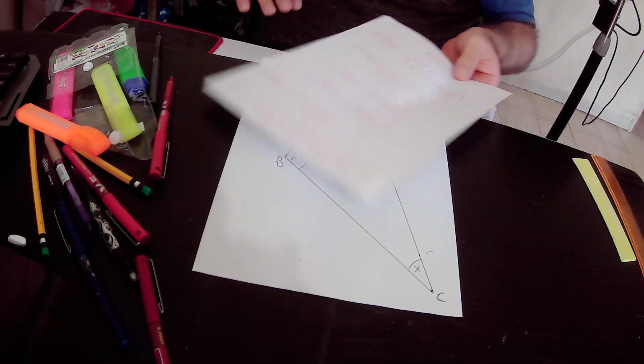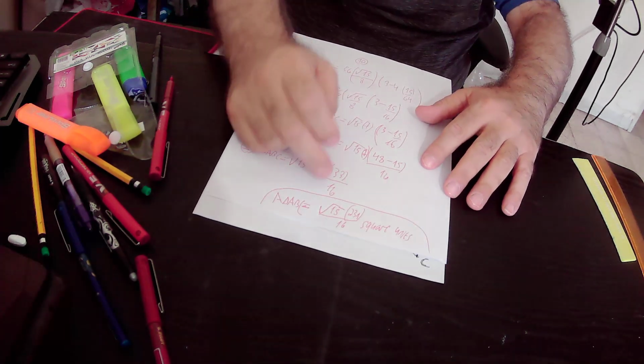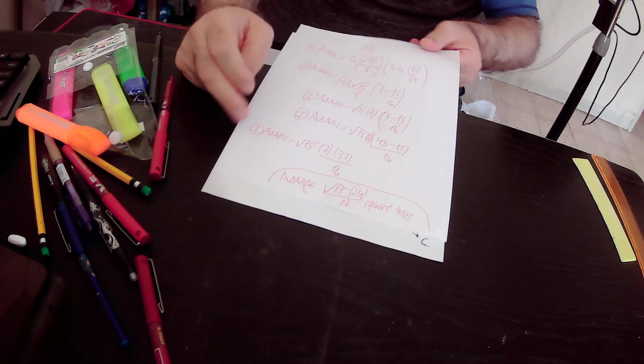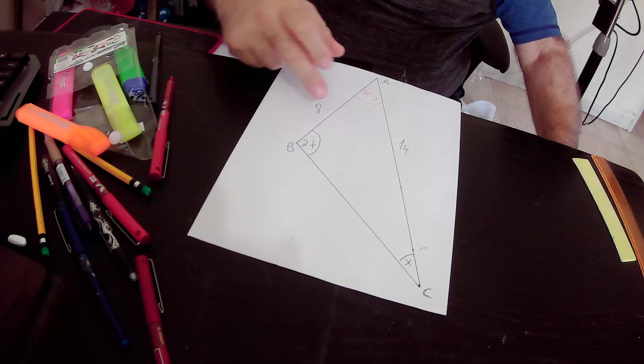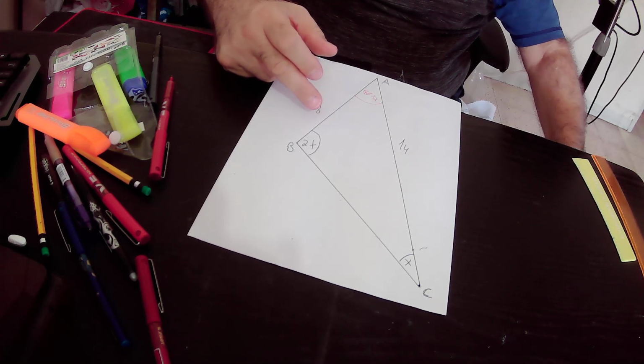We found out that the area of triangle ABC equals root 15 times 231 over 16 square units.